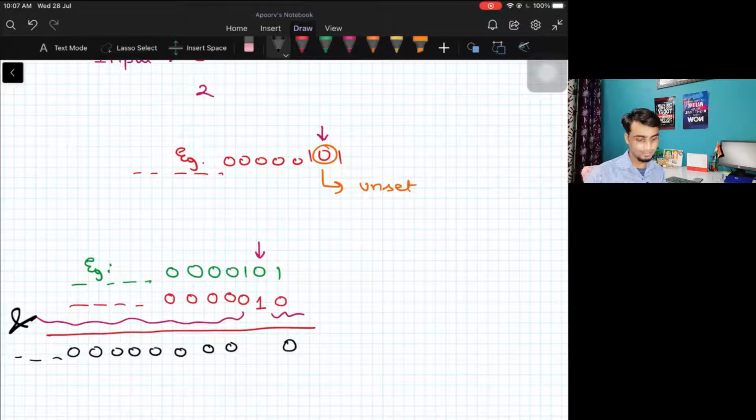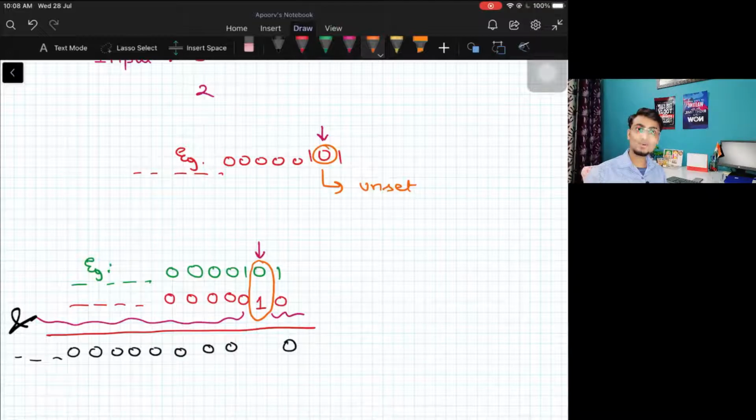What will be left? The leftover would be the AND of the 1 which you have placed below the bit which you want to know, and the bit itself. So if the bit you want to know is 1 and you do an AND with 1, it will turn out to be 1. If the bit is already 0 and you do an AND with 1, it will be 0.